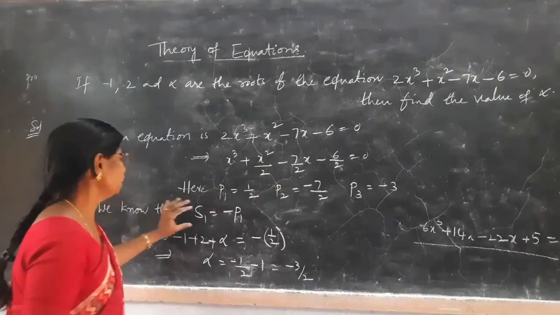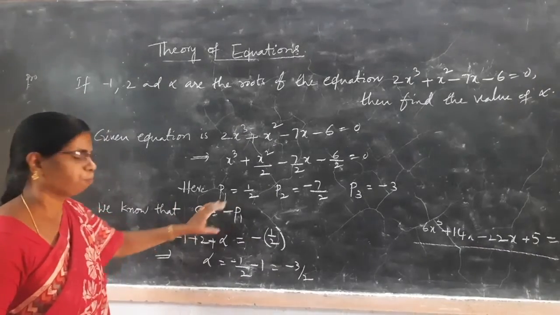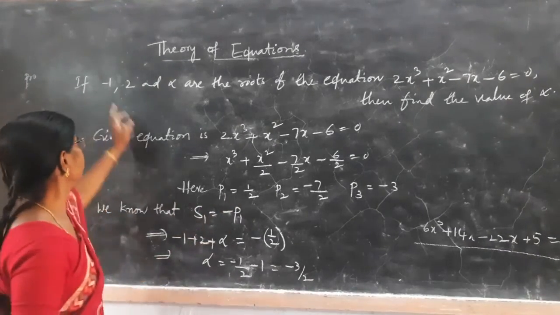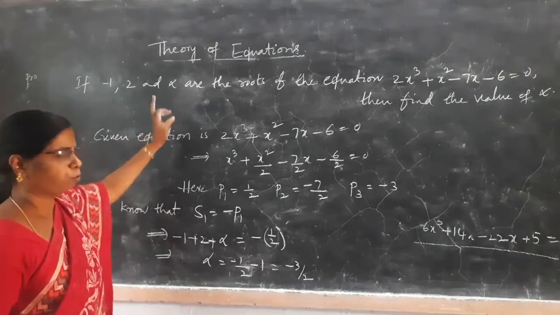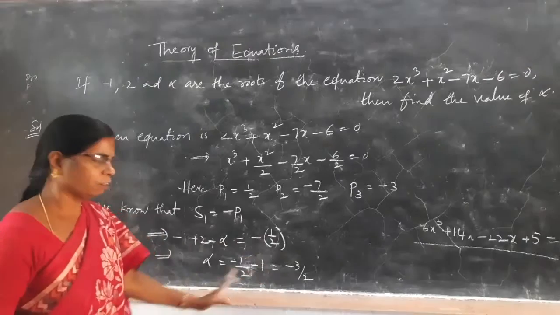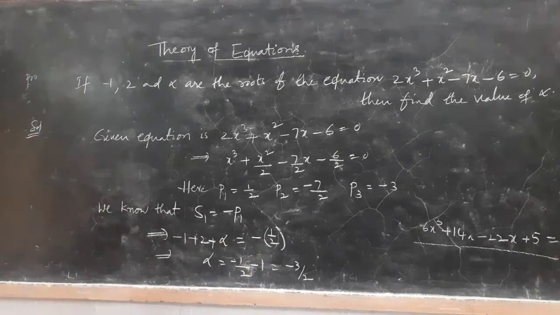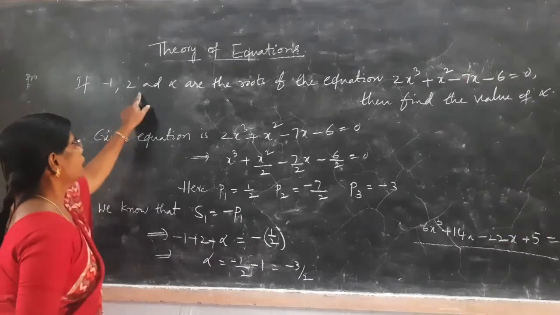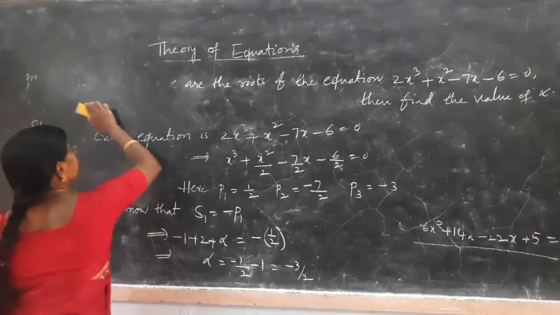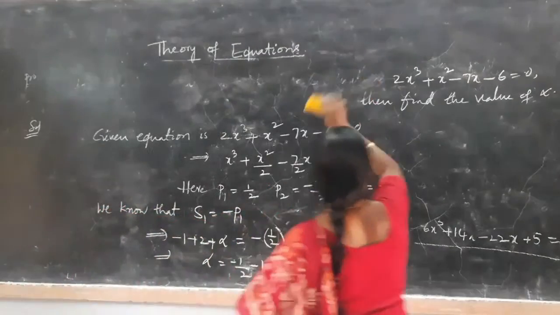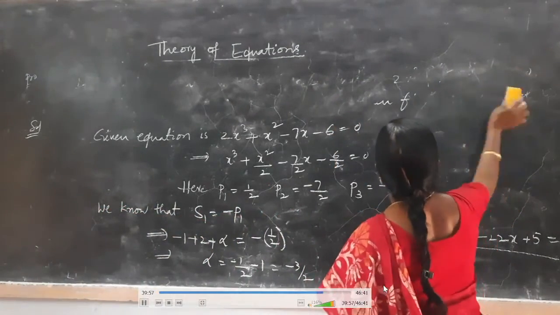We know that s1 is equal to minus p1. S1 means sum of roots, minus 1, alpha plus beta plus gamma, the sum of our roots. Next, here the unknown was given as alpha and we found it. Now I come to the next problem.